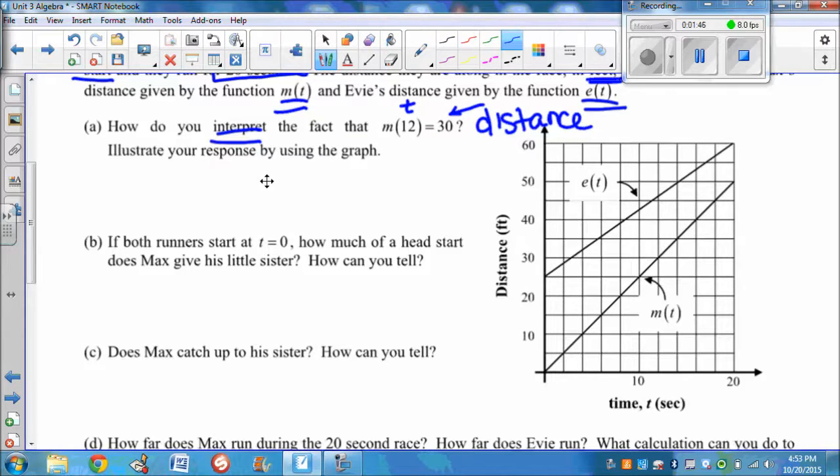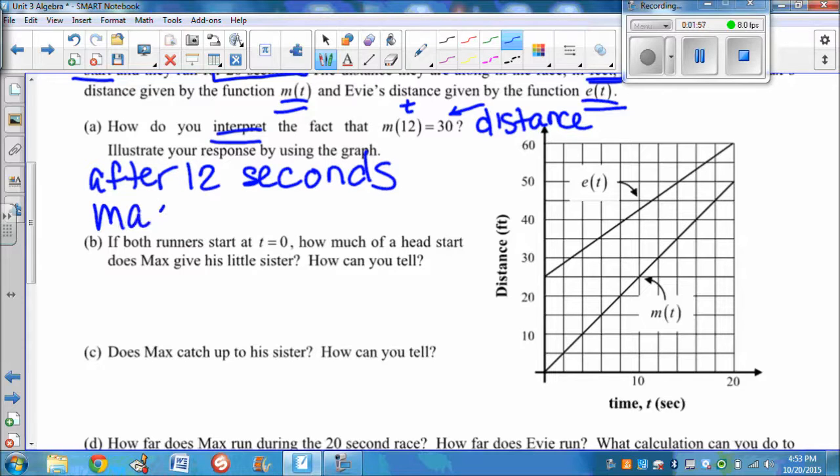So this means that after 12 seconds, Max has run 30 feet, or he's 30 feet from the starting line, however you want to think about that. So let's illustrate that on the graph. 12 right there, 30.